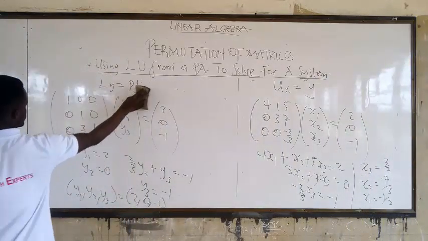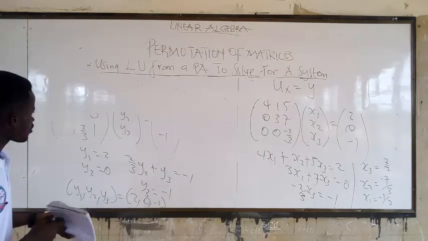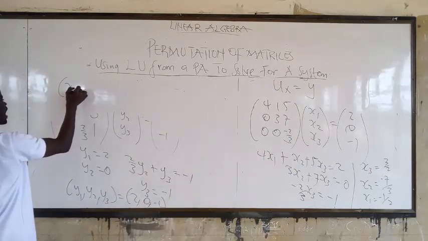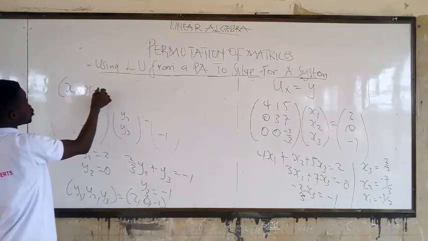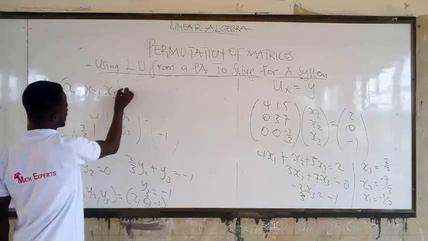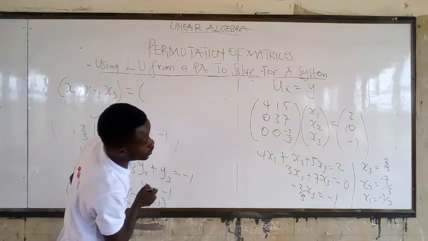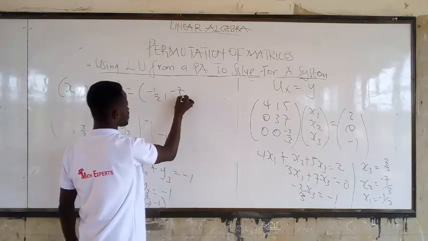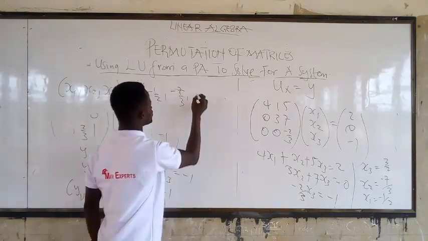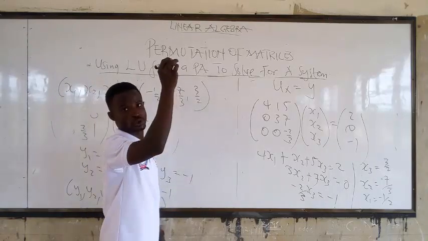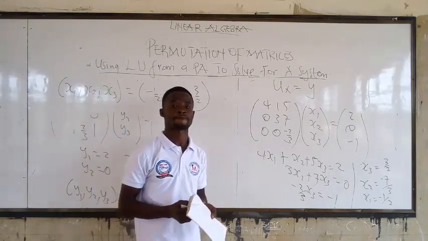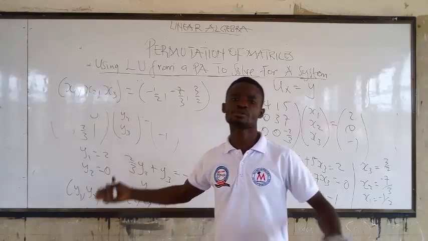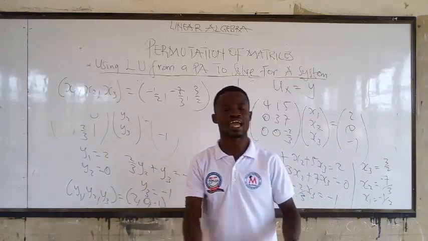Therefore, S1, S2, S3 is equal to negative half, negative 7 over 3, 3 over 2. And you are done. Yes, you have been able to achieve PA is equal to LU.